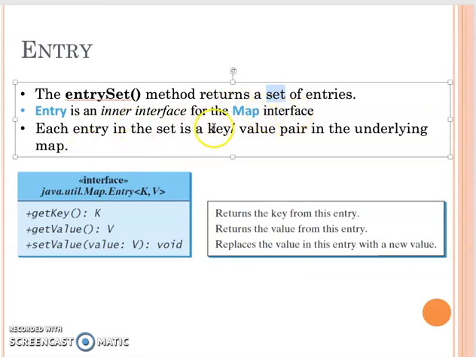Each entry has their key value pair. So that's why after you have your entry, then your entry key first, then value. You can get your key according to the entry. So each entry only has one key and one value. So you can get your key, get your value. And also you can change your value. Not change key. Yeah, you can change value.